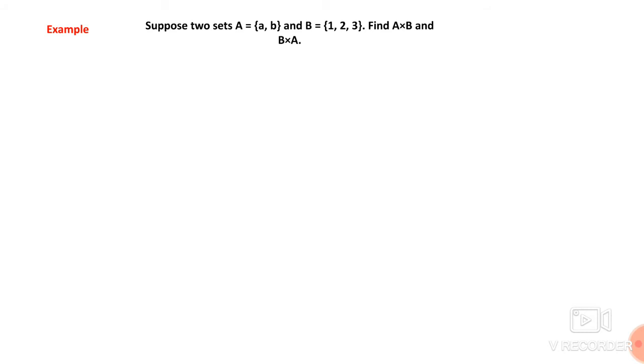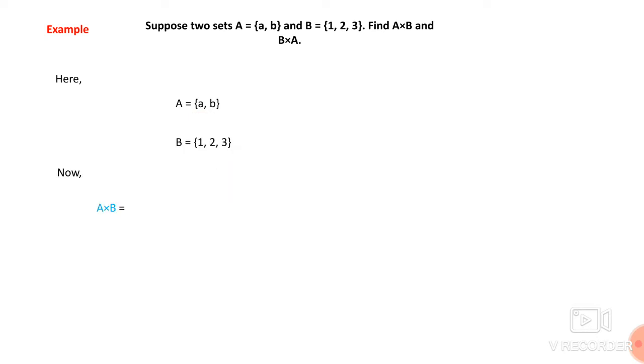Now take an example. Suppose we have two sets. Set A which contains a, b and set B which contains 1, 2 and 3. Now we have to find A cross B, A Cartesian product B, and B cross A. Okay. Here set A is {a, b} and set B is {1, 2, 3}.